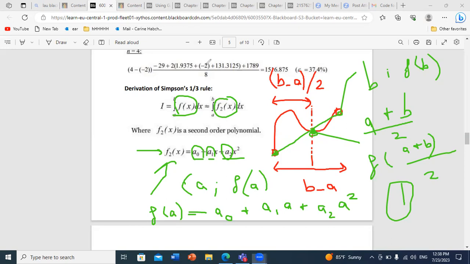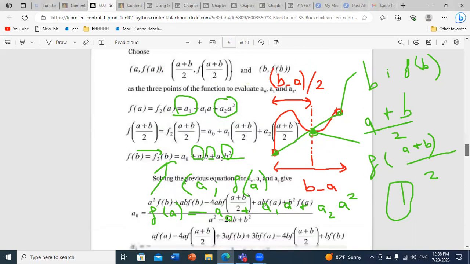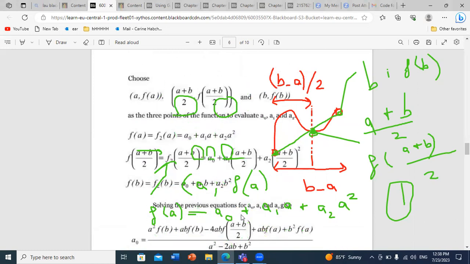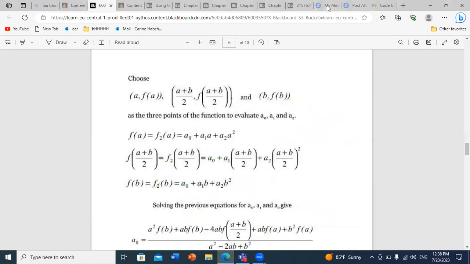You will tell me the solution is complex. Yes, you are right, but I might just ask you for this. What I want you to know is how to reach this state. If I want you to solve, I can give you a numerical example maybe, because it's really complex here. But what is important for me is to write these 3 equations, to know how to set up your system.